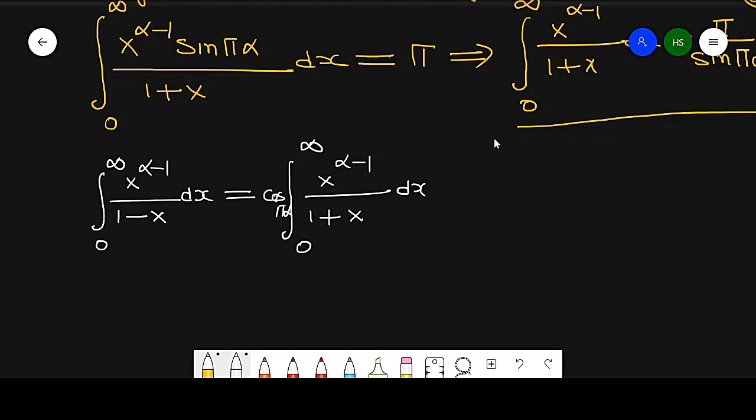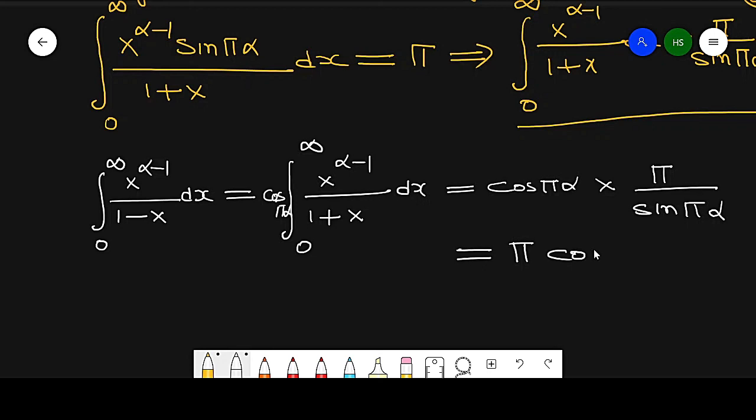Now substitute its value. Its value is cos pi alpha into pi by sine pi alpha. So simplify: this is equal to pi times cot of pi alpha. So this is the result of this integration.